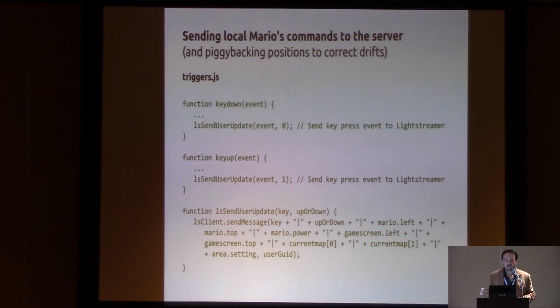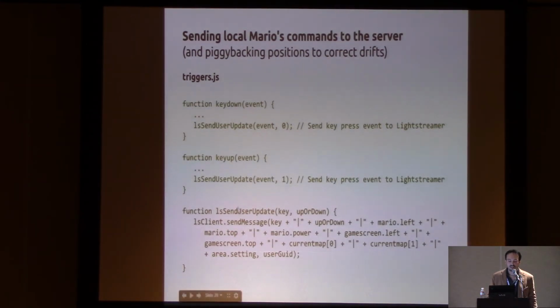What we do is send the authoritative position of each Mario together with the commands that the user is putting as input at that moment. So you can see that there's a key down. We use this function to send an event, key up to send an event, so that we trigger all the key presses. And this event is very simple.